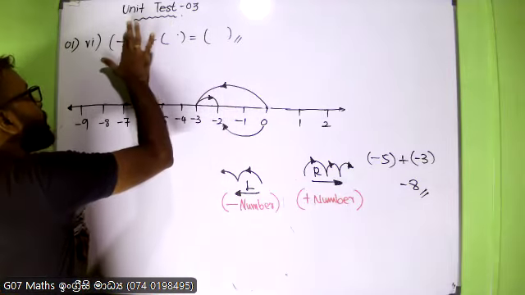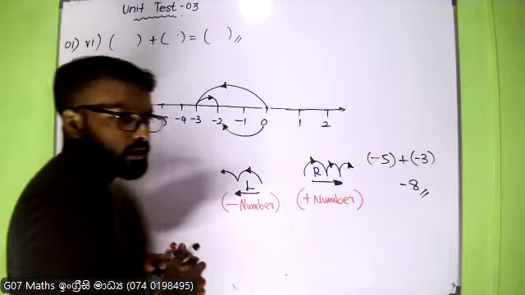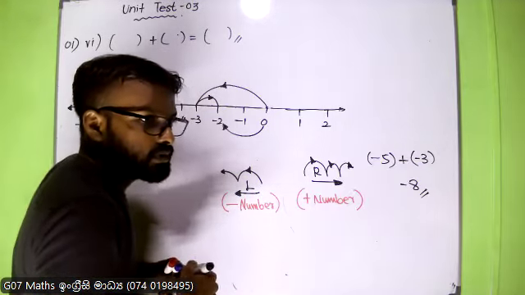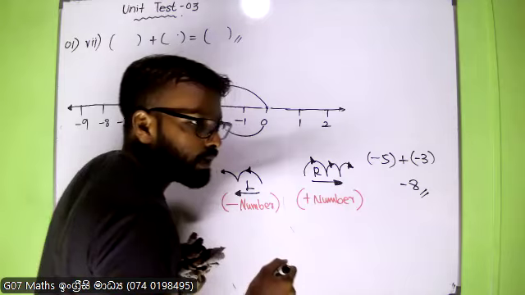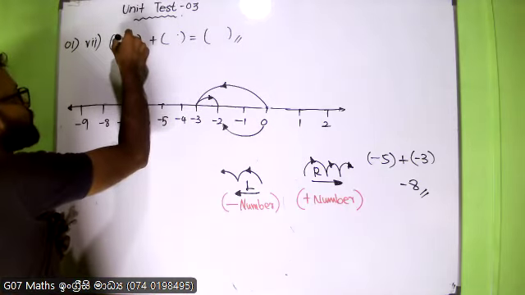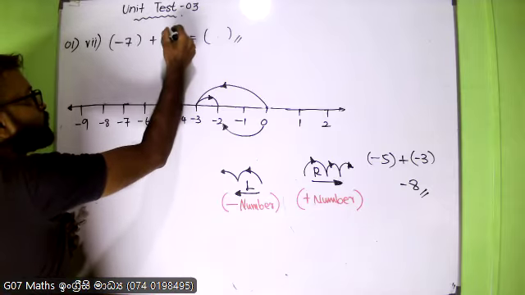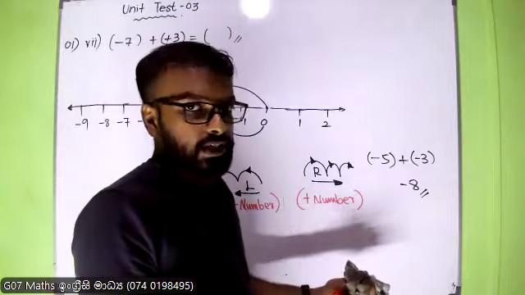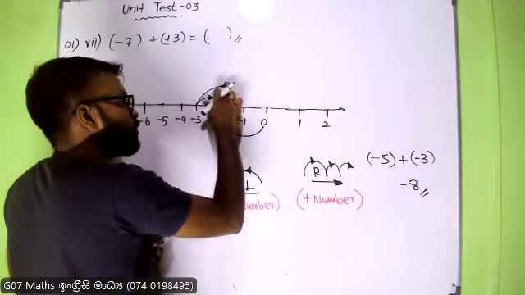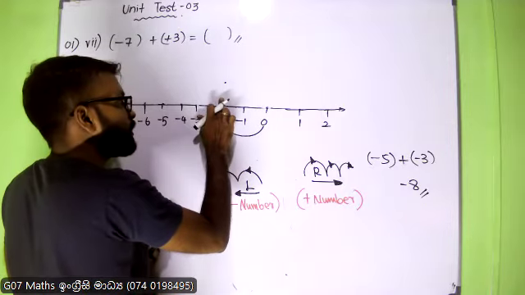Next one. Seventh one. Negative 7 plus positive 3. So by looking at the signs, you can say yes, two different signs. So let's draw it on the number line.